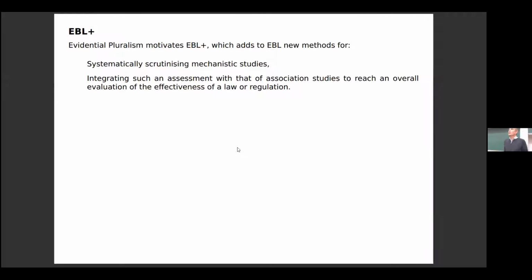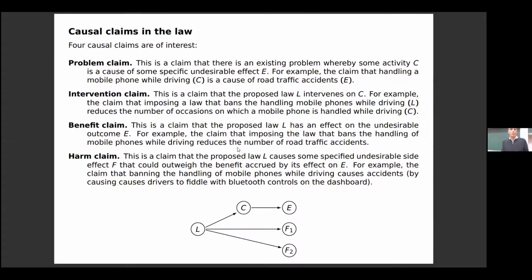So how are we going to do this systematically? I'll go through some of the main steps that we might run through as part of a systematic evaluation of a law or regulation. First of all, what are the causal claims that are going to be of primary interest in the law? Well, we'd argue here that there are 4 kinds of claim that are especially important in the law.